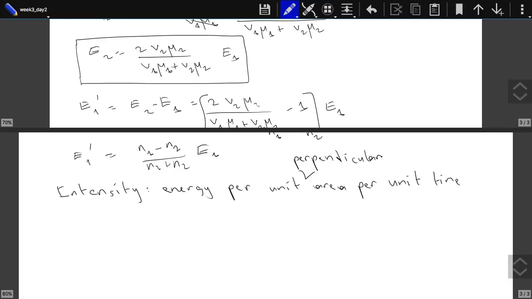So when you say that a light is too intense, too bright, what you actually mean is that there's too much energy coming from there.